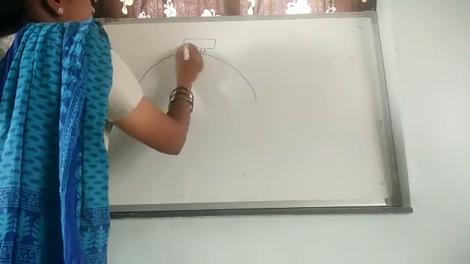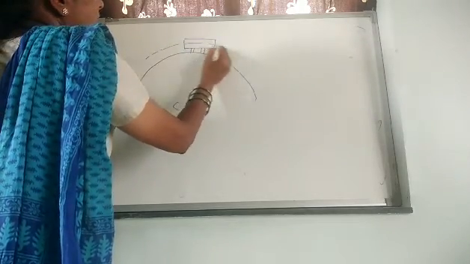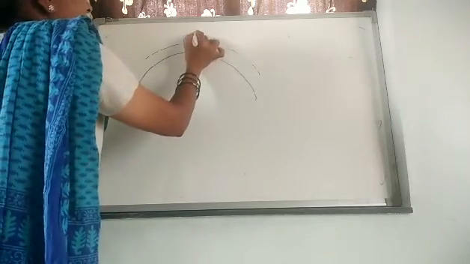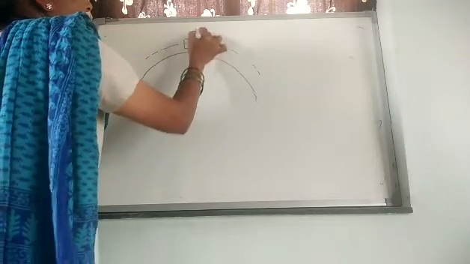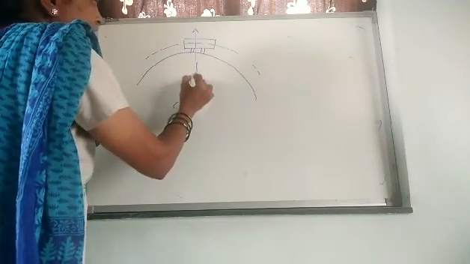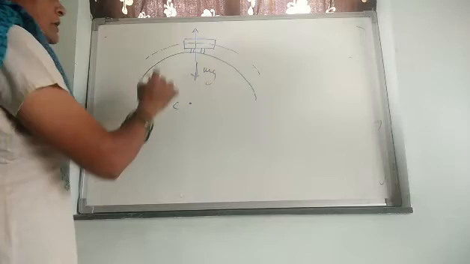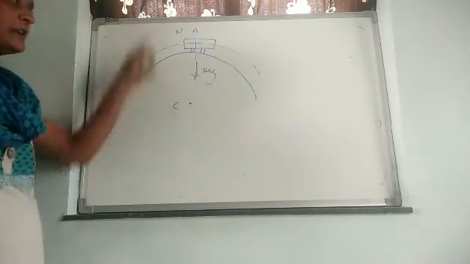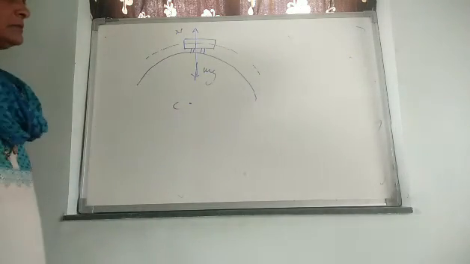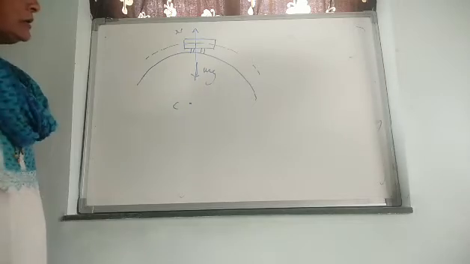Here the vehicle is at the top. Forces acting on this vehicle are the normal reaction N and its weight mg. These two forces are in a vertical line, but they are opposite.